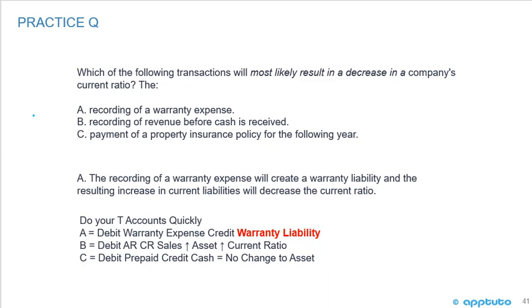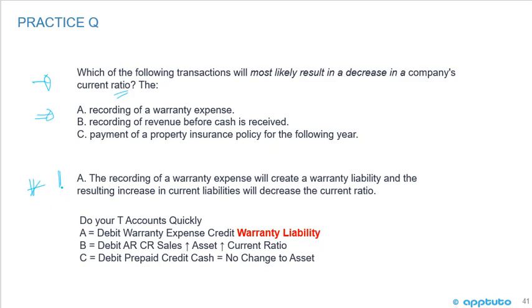I like this question because it's very typical of something you might see on the CFA exam where they're asking you what is most likely or least likely going to happen to a certain ratio. So you have to understand not only the transaction, your debits and credits, but also what's happening to the numerator and denominator and come up with the correct answer. So that's why I've ended with this question for this LOS. It's very typical of what you might see.